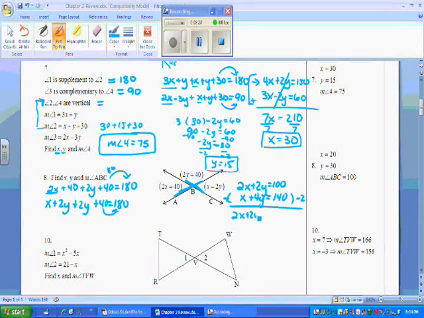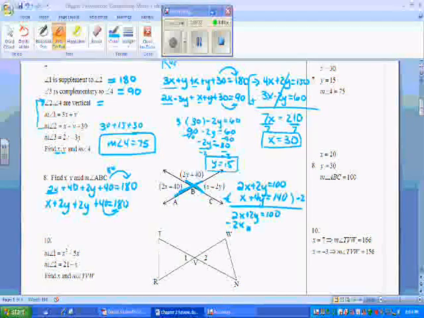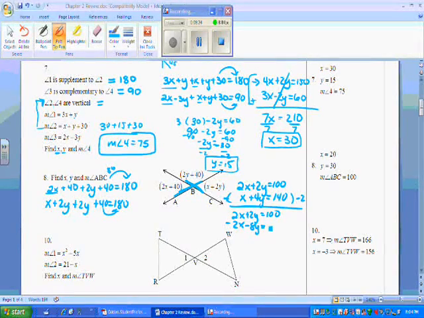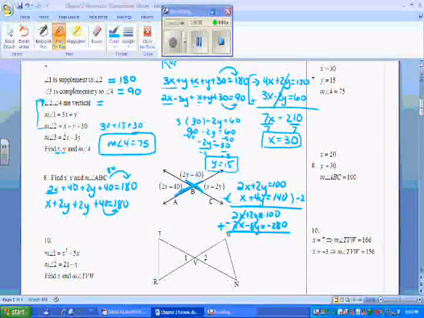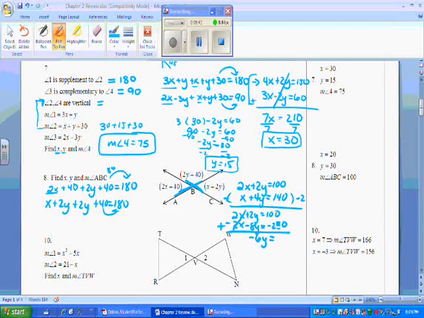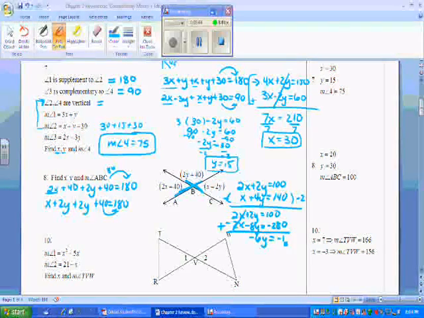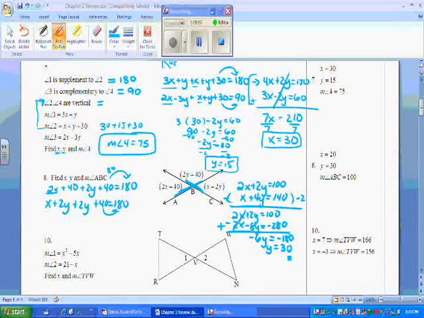So we got 2x plus 2y equals 100, and negative 2x minus 8y equals negative 280. X's cancel out. This makes negative 6y equals negative 180 divided by negative 6. Negative out of negative becomes positive, so y equals 30.